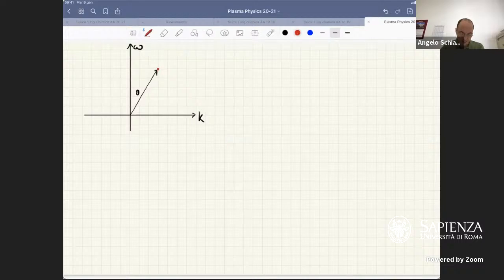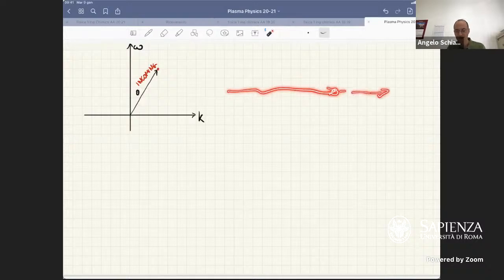We call it the incoming wave. Being on the right-hand side, this represents a progressive wave that is incoming and going this way. Then an interaction occurs, and we have a transmitted wave in the same direction and a reflected wave in the backward direction.